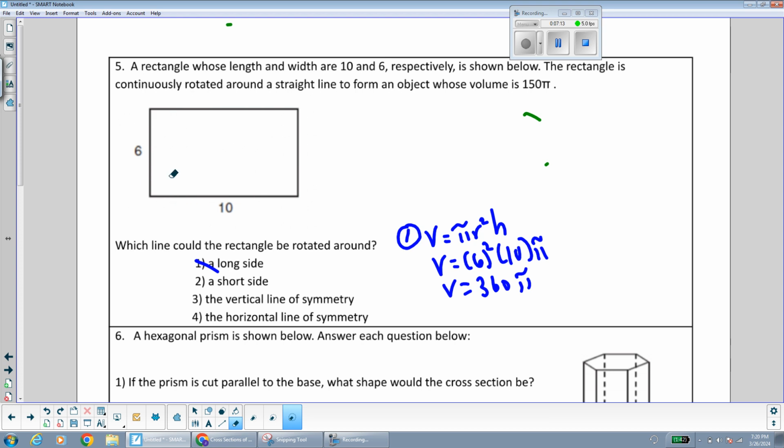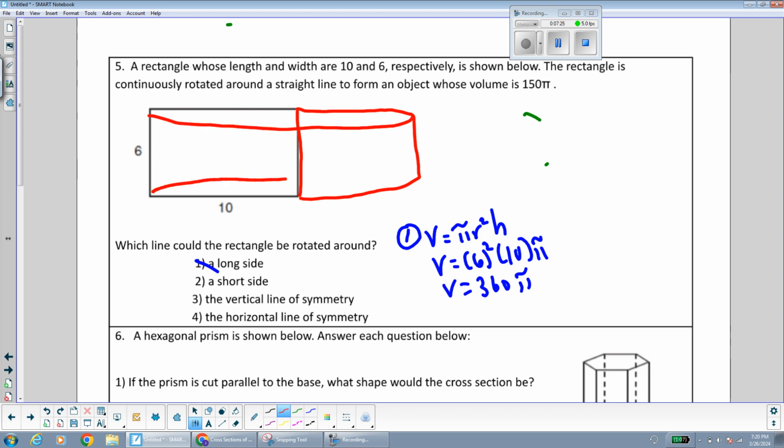So in the next answer choice, if we're rotating around one of the short sides, we're rotating this way. So we have our cylinder, and this time our cylinder is right side up. It's just a horrible picture.